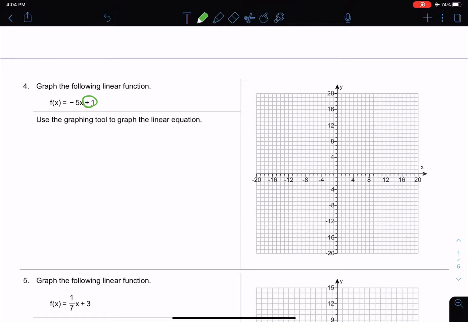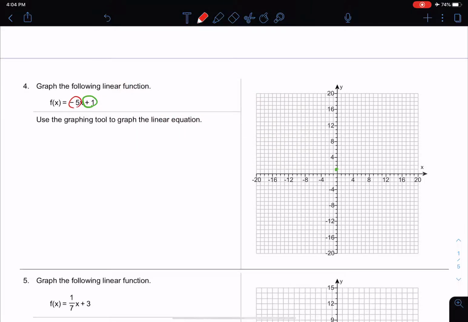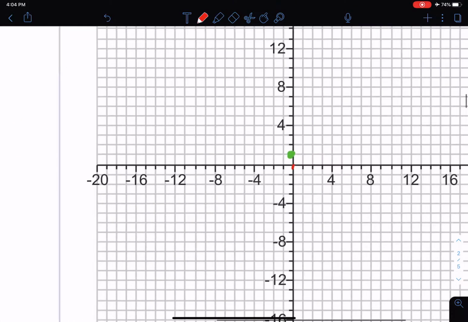Okay, once again, we always like to start with our y-intercept. Y-intercept is 0 comma positive 1 in this case. And then the slope of this guy is negative 5. I like to write it as a fraction. Negative 5 means go down 5 and right 1. I'm going to zoom in. 1, 2, 3, 4, 5. It's 5 because we started here, not at the origin, right? We started at that point.